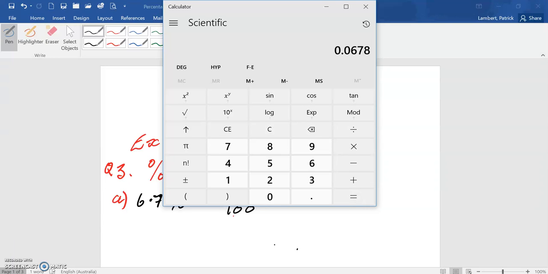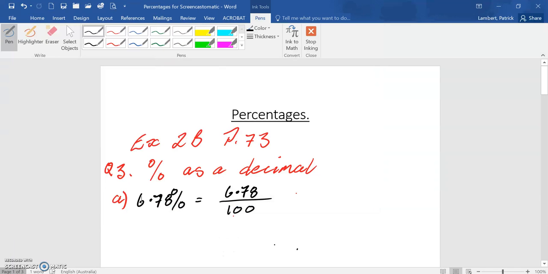It's going to equal 0.0678. Okay, so what we've actually done is just move the decimal point 2 places across this way, and that's given us our answer. So let's go to part B.